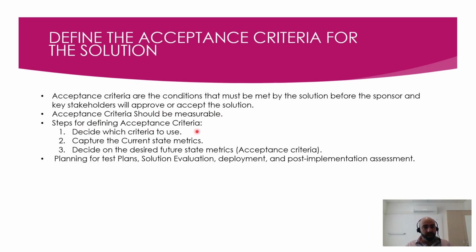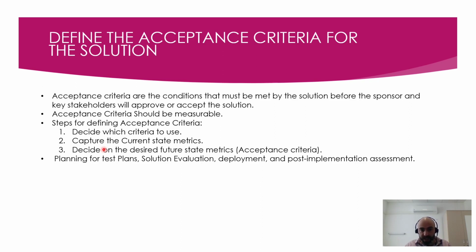Steps for defining the acceptance criteria. As we said, I cannot determine what is the future or the to be state and measure it unless I know the current situation or the as is state of my organization. As I've given an example before, if I have a corporation and I am making $100,000 per annum, I should know that I am making $100,000 per annum.